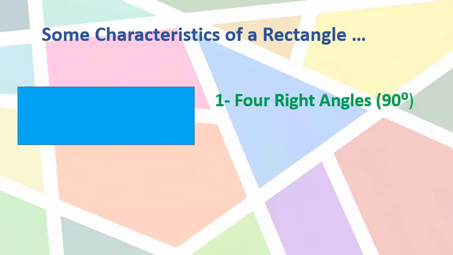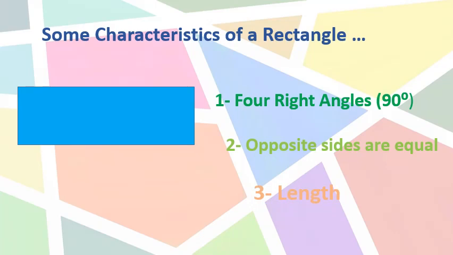What else? We have opposite sides are equal. What do you mean by opposite sides are equal? So this side is equal to the one that's opposite to it, which is this, and this side is equal to this side. Now what do we name these sides? We have length.